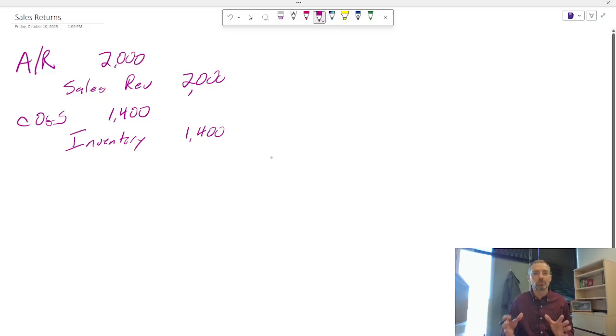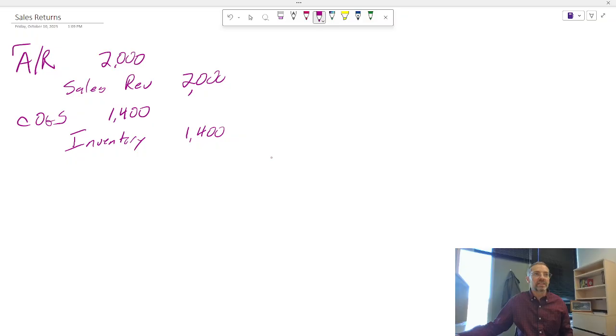So we're going to take that one tablet and put it back into our inventory. So like the original sale, there's actually 2 things happening. One is our interaction with the customer, and the second is we are getting inventory back. What we're actually doing is just reversing everything from the original sale.